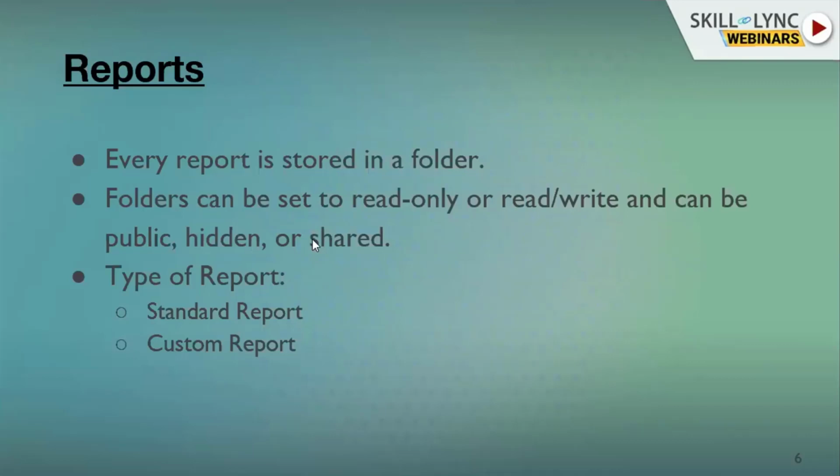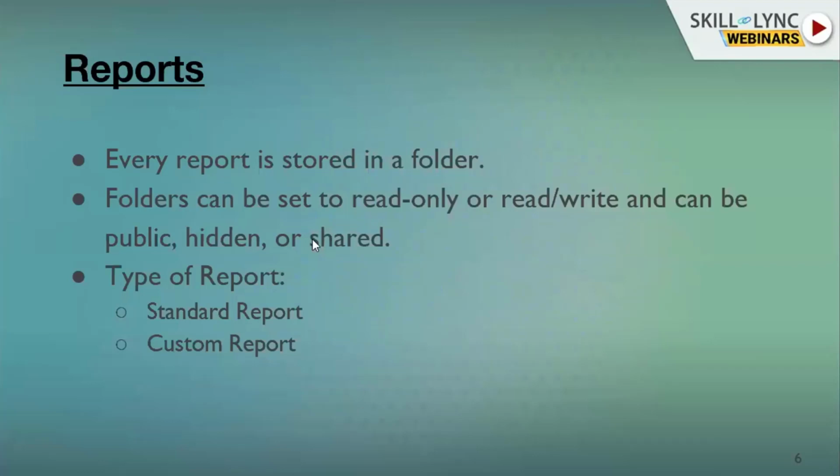Now, coming to the report, there are two types of reports: standard report and custom report. Standard reports are the reports which are already available in your organization, based on your standard objects. There are a few report types which are already available. These are called standard reports.